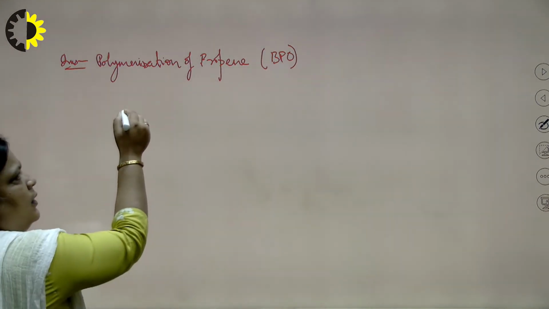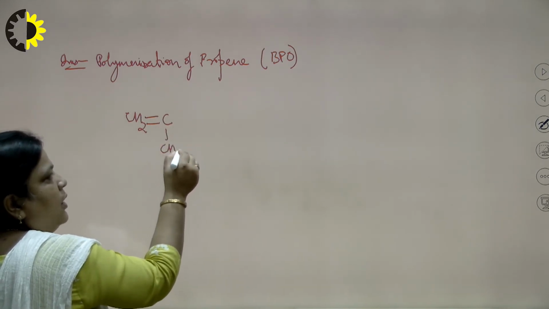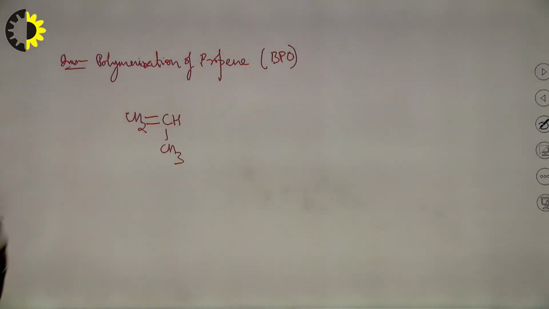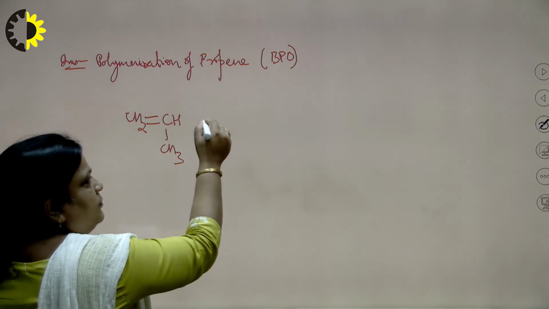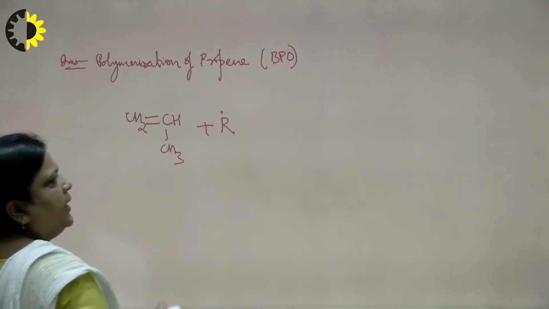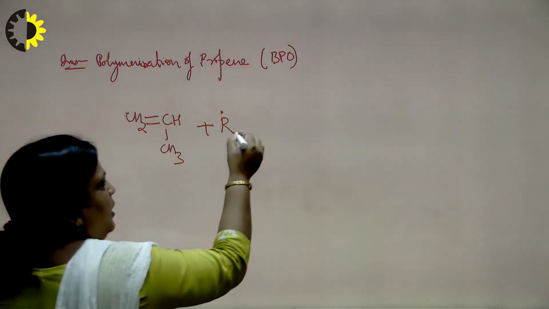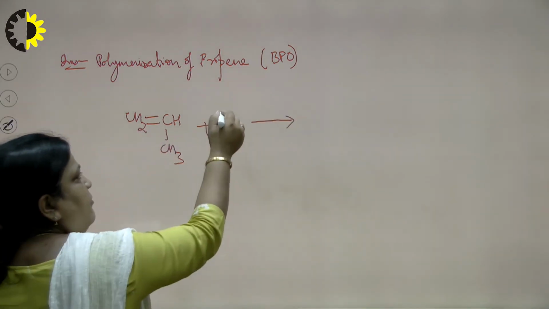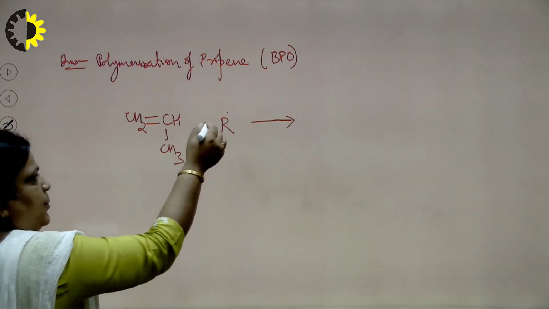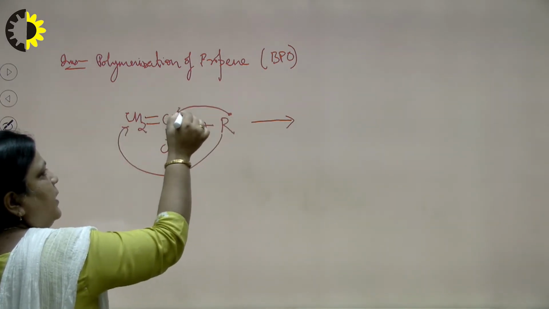Now, propene means 2 carbons at the double bond, and the total number of carbons is 3. Prop means 3 carbons. This is propene. In the first step, this R radical attacks one monomer, and on one side the R will attach, while on the other side the radical gets attached.